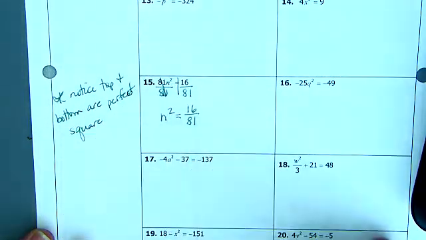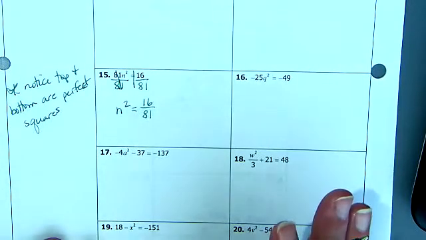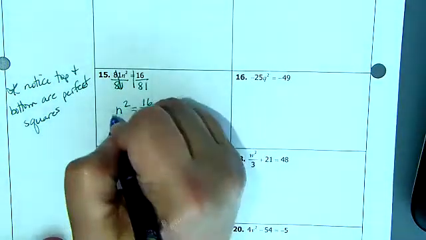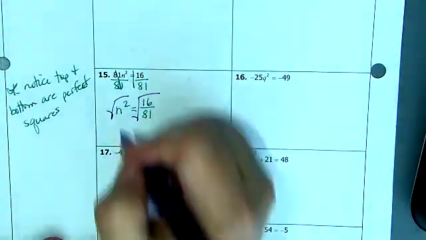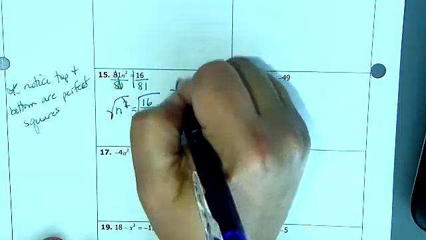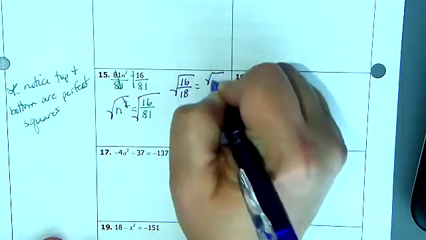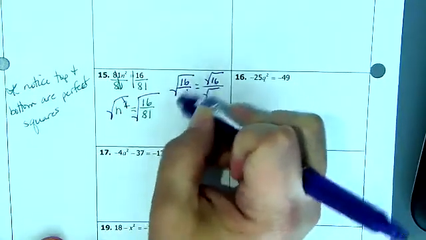They're both perfect squares. That means that when I take the square root, yes, I take the square root of the entire thing because that cancels, but I can think of it as the square root of 16 over the square root of 81.